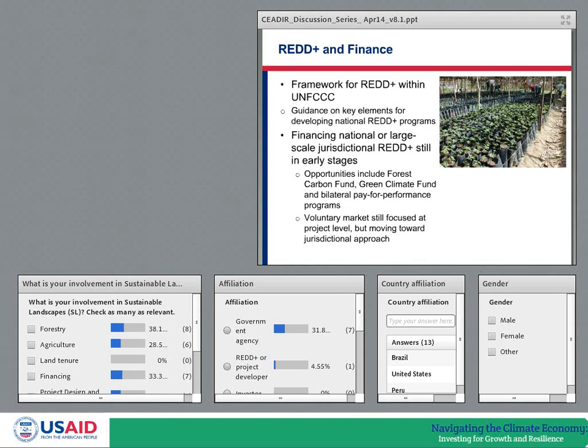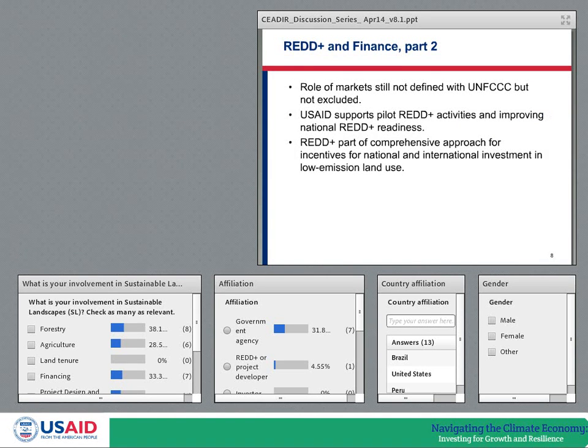But there has also been a small program of voluntary carbon markets. So some of you might choose to buy carbon offsets when you fly on an airplane to offset the carbon that's emitted at that time. In the UNFCCC, the role of markets was not well defined, but it's not excluded.